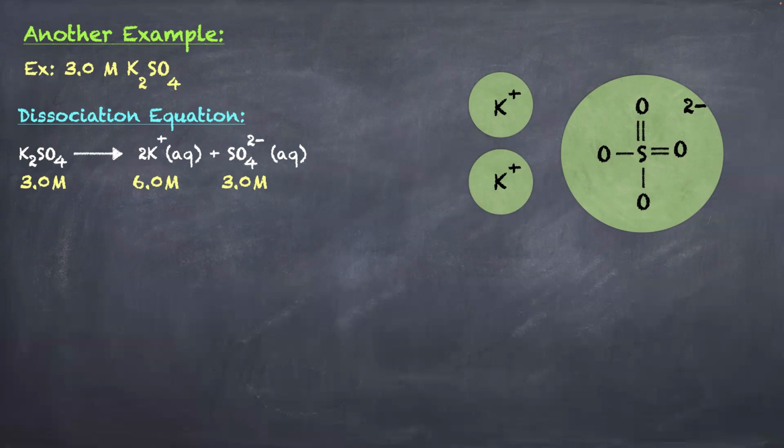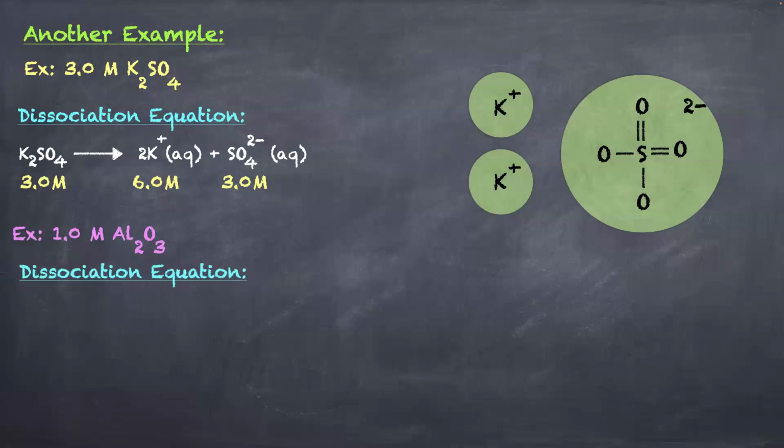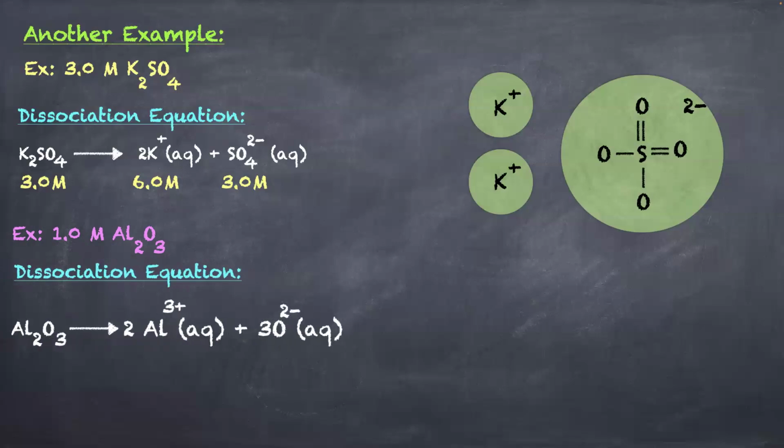Based on the coefficients, we can understand that the concentration of some of them has to be the same, or for some of them, it's going to be double that. Let's take a look at another example. In this case, we're looking at 1 molar Al2O3. First, again, we have to write the dissociation equation. For every 1 aluminum oxide, Al2O3, we end up getting 2 aluminums with a charge of 3 plus, and then 3 oxygens with a charge of 2 minus.